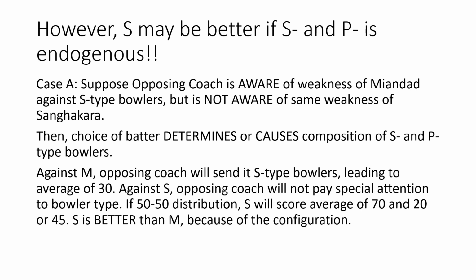And again, suppose that the opposing coach is aware of the weakness of Sangakkara but not of Miyandad, then Miyandad will turn out to get a better score. So the details of who is better depends very, very strongly on aspects of the real world which are simply not there in the data at all.